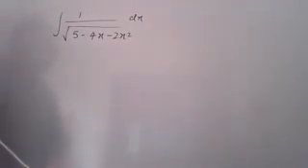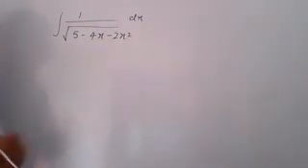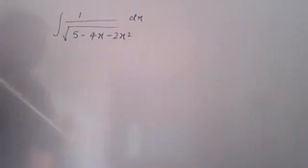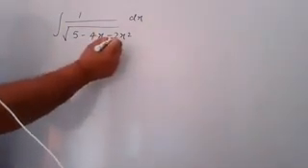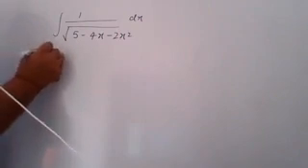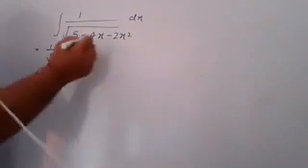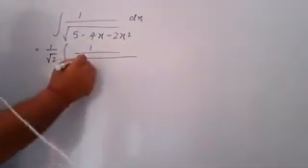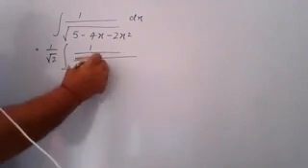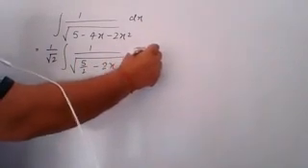So what you do, first of all, you try to make the coefficient of x square as 1. So you have to take 2 common. That can be written as 1 upon root 2, and here you have 1 upon within root 5 by 2 minus 2x minus x square dx.